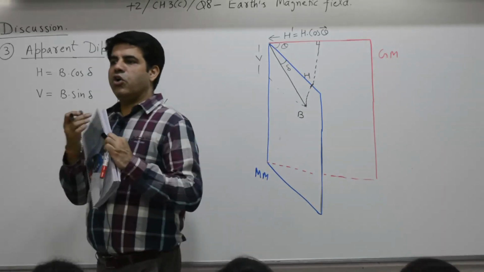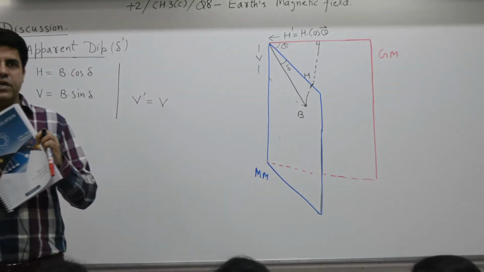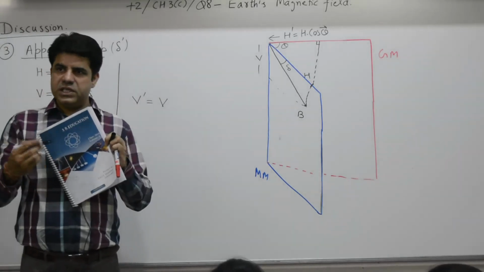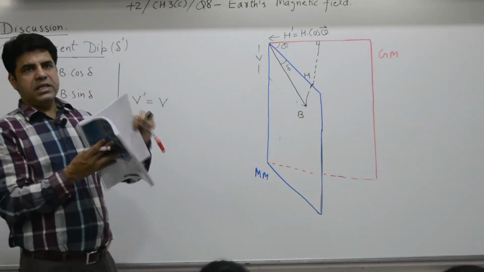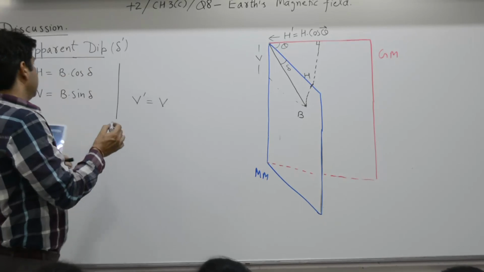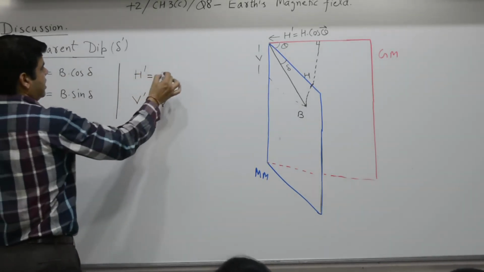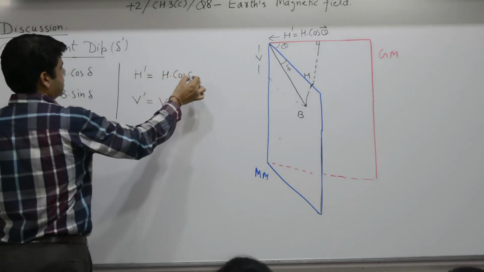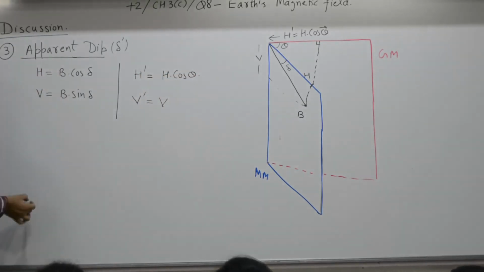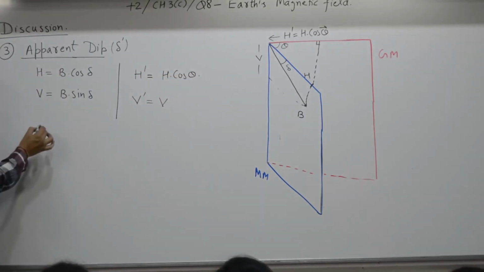Vector along any plane, A, angle between the two planes is theta, then the vector along that plane is A cos theta. H dash is equal to what? H cos theta.